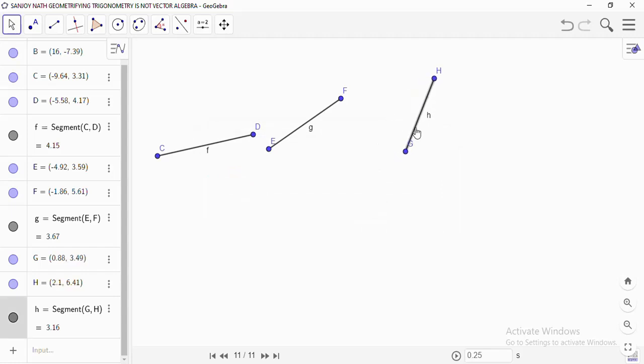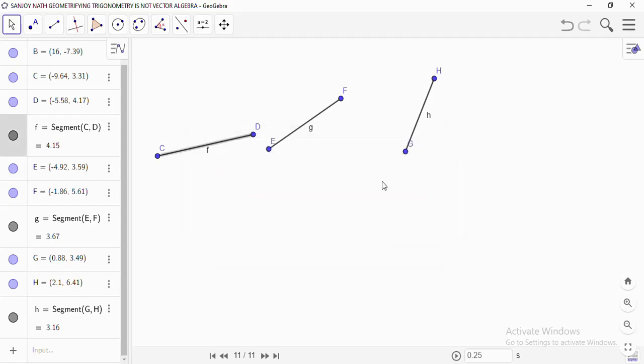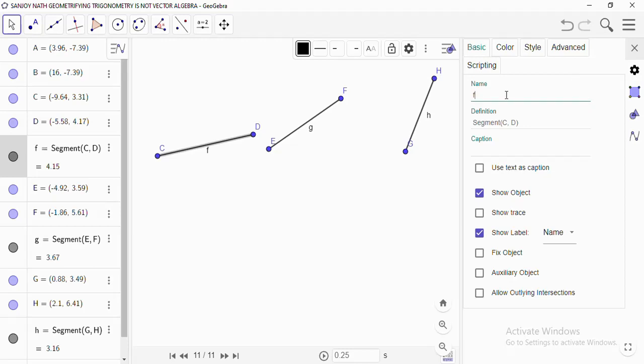We can name them. Suppose this is the first line. Its name is in caps only, and underscore is not taken here.